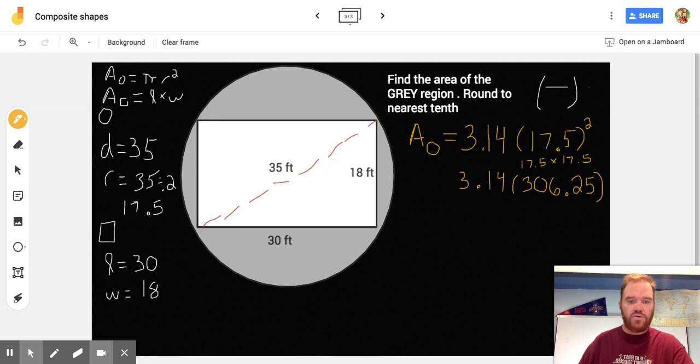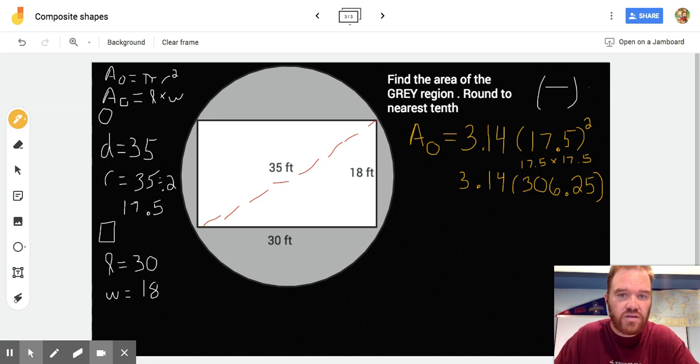You can always do the long multiplication, but when you're working with numbers like this, I don't think it's a big deal to use a calculator.